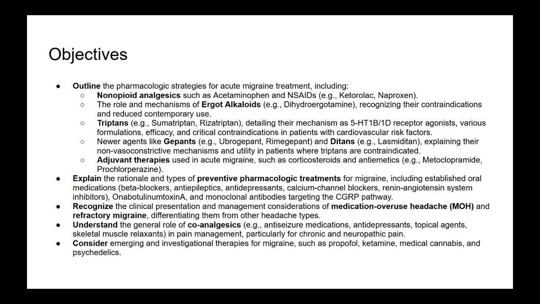The general role of co-analgesic medications, such as anti-seizure drugs, antidepressants, topical agents, and skeletal muscle relaxants, especially in managing chronic and neuropathic pain, will be outlined. Finally, emerging and investigational treatments for migraine, including propofol, ketamine, medical cannabis, and psychedelics, will be considered for future therapies.